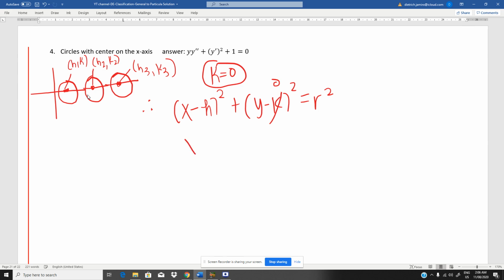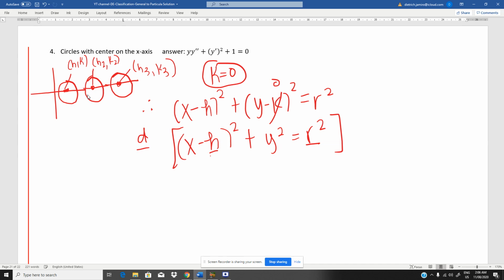So we will have x minus h squared plus y squared is equal to r squared. As you can see, we have two arbitrary constants, which are h and r. So by this, we have to take two derivatives: the first derivative and the second derivative.